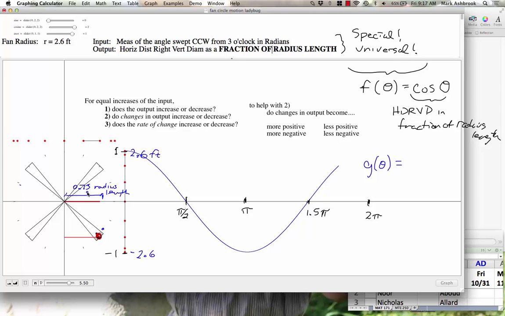So how would we write a function to get the bug's horizontal distance in feet? Yeah, you're just going to take whatever fraction of the radius you are, cosine theta, and take that fraction of 2.6. Whatever fraction you are of a radius to the right or left, take that fraction of 2.6, and then that function outputs horizontal distance in feet.